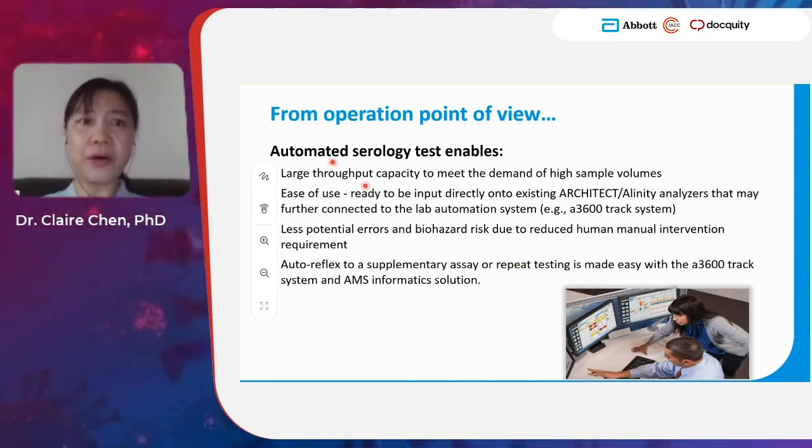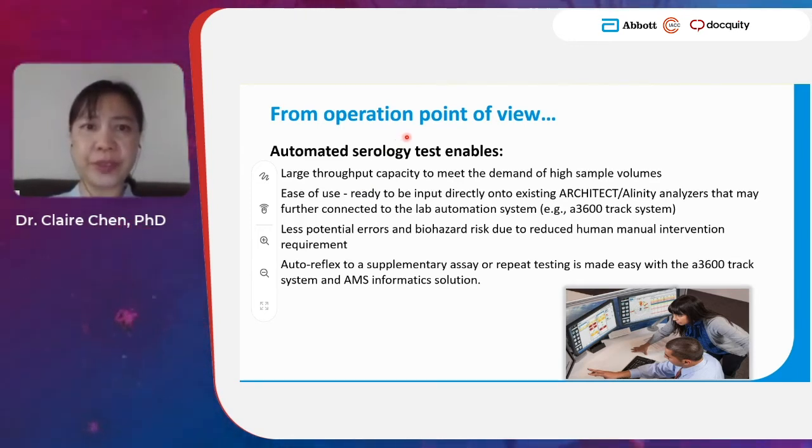If you use the automated serology assay, it helps a lot with testing volume, because our assay has a processing time of 29 minutes and can achieve a throughput of 200 tests per hour. So it enables a large throughput to satisfy the high demand of sample volumes.